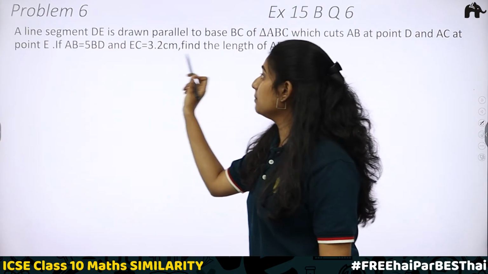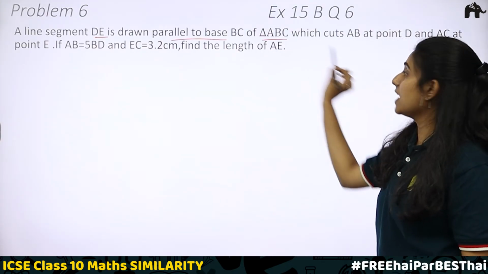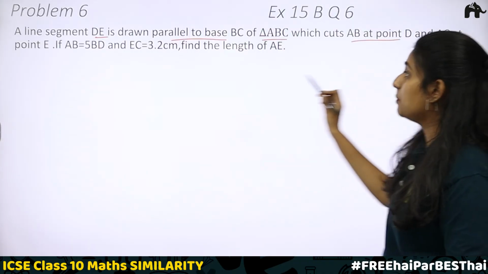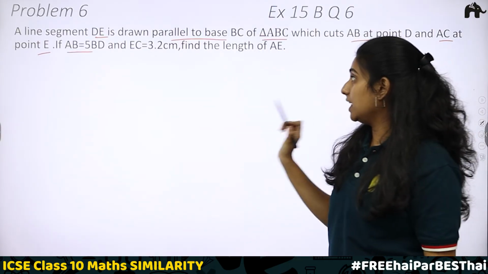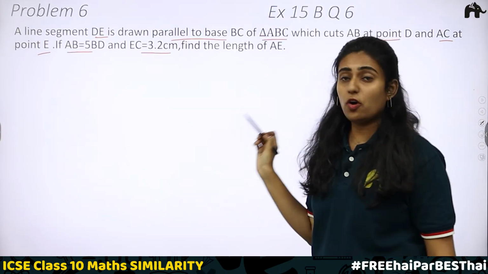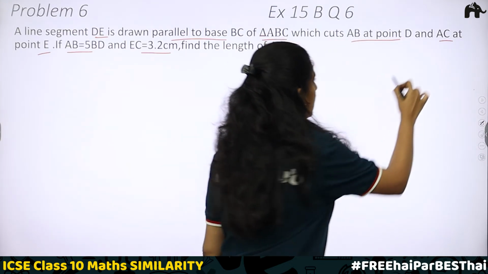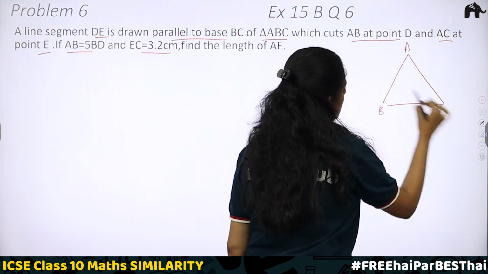A line segment DE is drawn parallel to base BC of triangle ABC, which cuts AB at point D and AC at point E. If AB is equal to 5 times BD and EC is equal to 3.2 cm, find the length of AE. We have a triangle ABC.